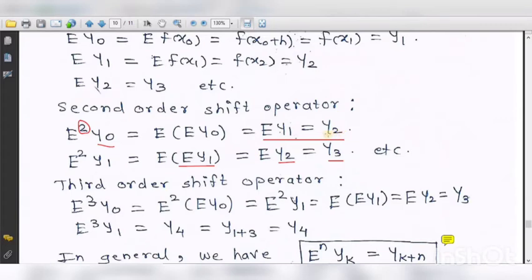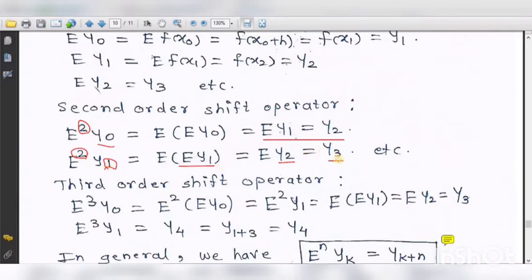That is 0 plus 2. This 2 can be split as 0 plus 2. It shifted to the second value of y0. Similarly, when I consider E square y1, here I am rounding on this suffix y1. I will show you the relation between this 2 and this 1 suffix. Finally, what is the answer?